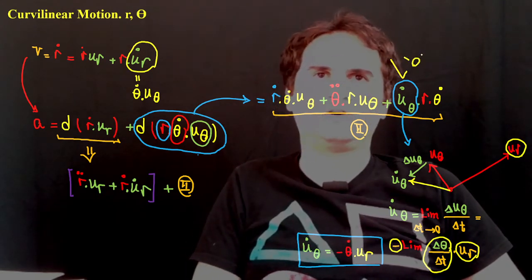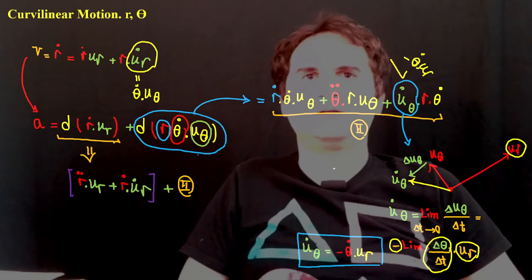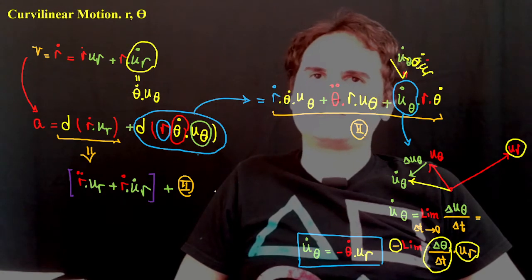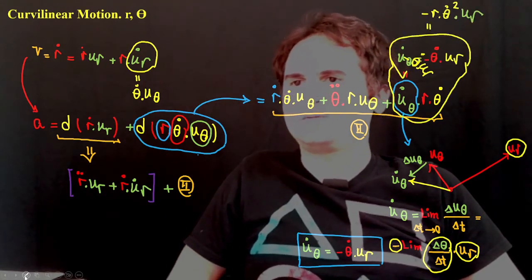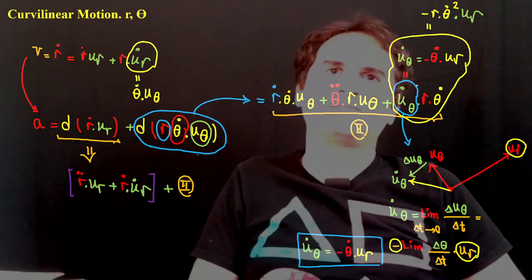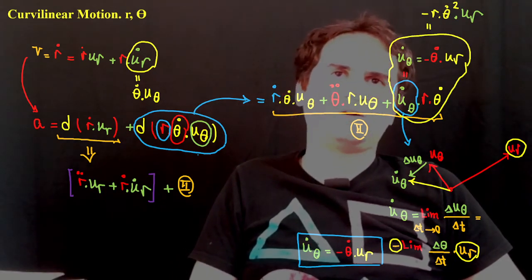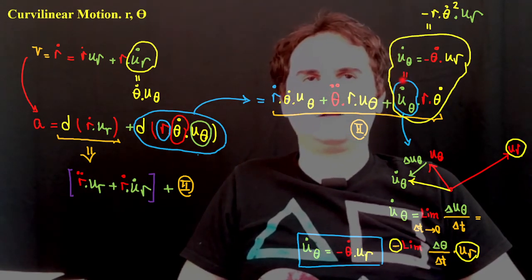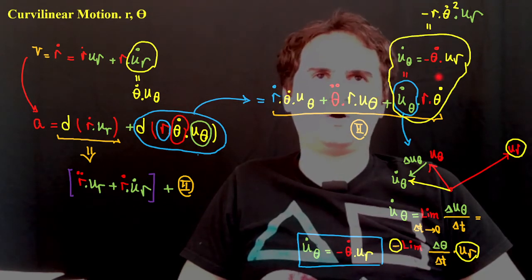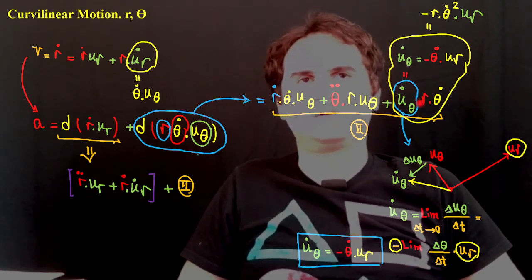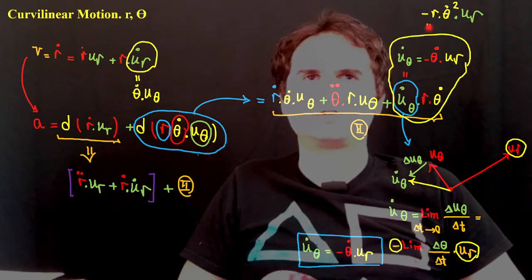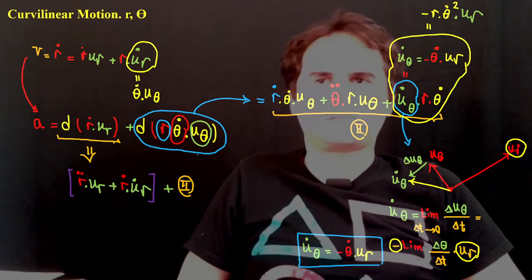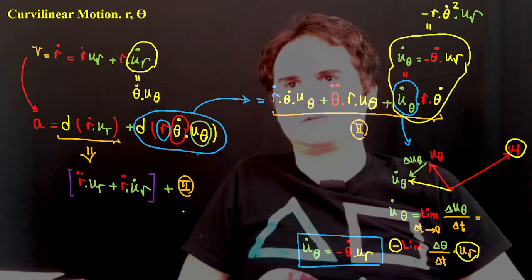So u dot theta is equal to negative theta dot times u r. Place it in the main equation. And if you just multiply it by r times theta dot, it just gives you a negative r times theta dot squared times u r, the overall what we have there.